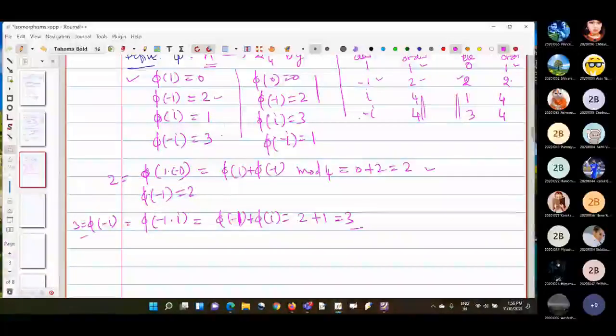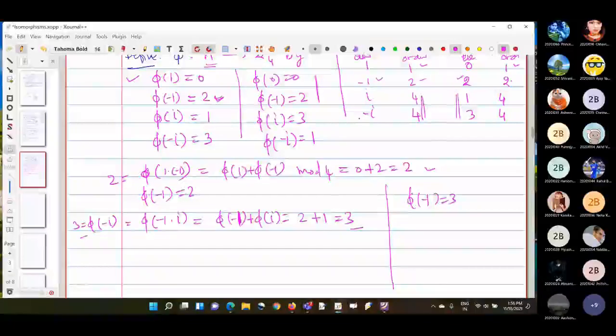One more thing we can think of. Can we map phi of -1 to 3? Because we have seen that we have defined this kind of map because the order of -1 is 2 and the order of 2 is also 2. So that's why we fixed this one. But in case, for example, we define phi of -1 equals 3, पक्का, कोई दिक्कत नहीं.